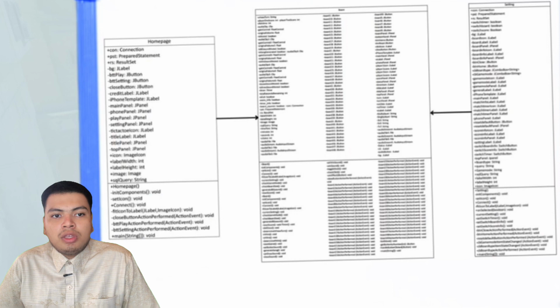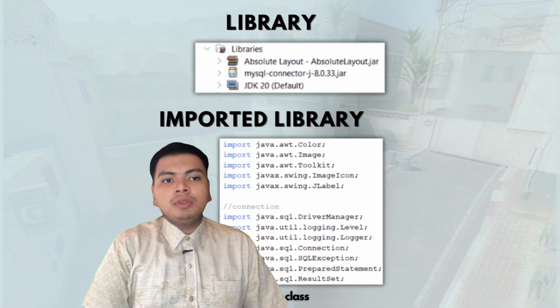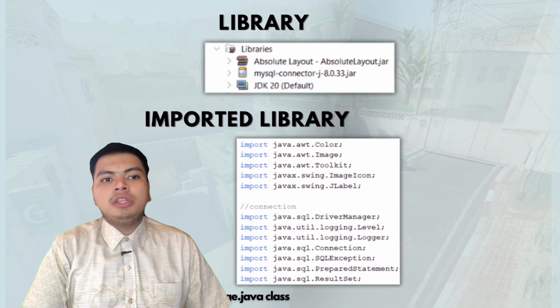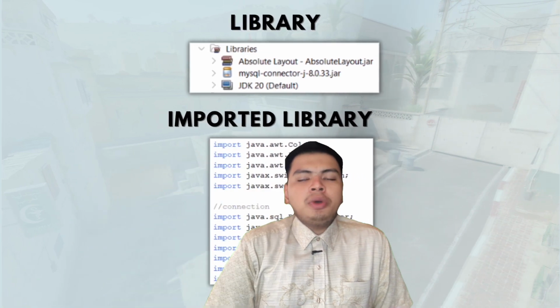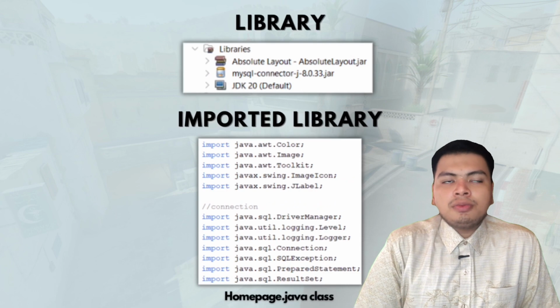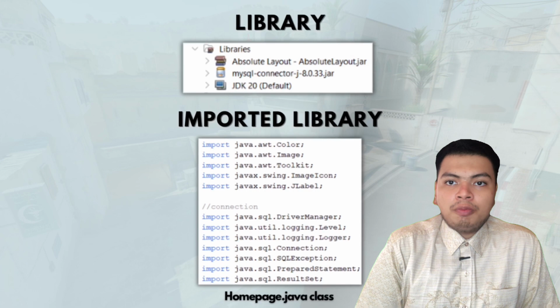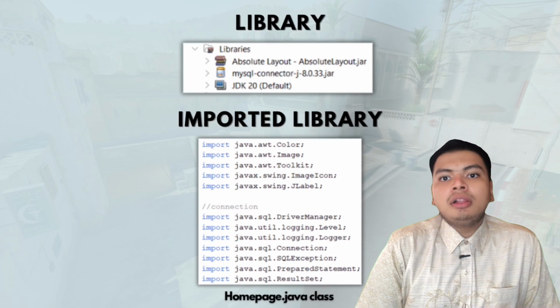So next we can jump into the libraries that we have utilized inside this project. There are three. The first one is Absolute Layout. AbsoluteLayout.java is used for the GUI to set up all the GUI components inside the layout.